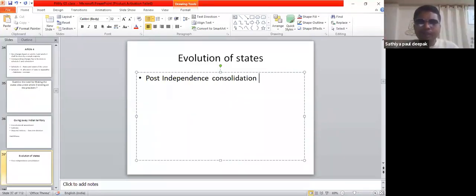The other word for reorganization of states is consolidation. Under this chapter, special sessions will be given and classes will be taken for you. So now I am leaving that area. The detailed explanation of territorial consolidation, linguistic consolidation, tribal consolidation and Dalit consolidation will be spoken about in that class. So as of now, let's not duplicate the topic. Any doubts?